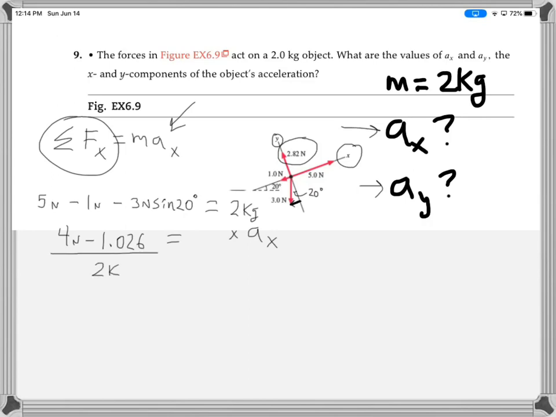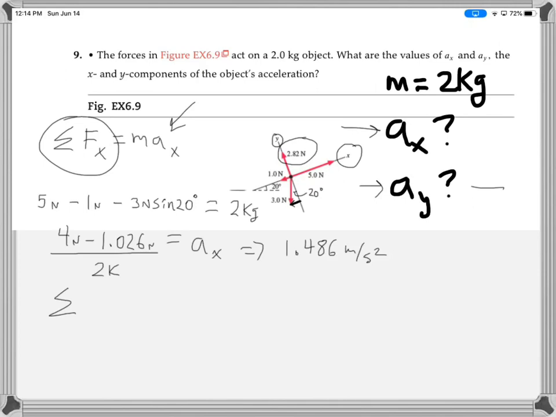And if we divide that by 2 kilograms, then the right hand side should be the x component of the acceleration. So plugging in the calculator, you get that the acceleration is positive and it is equal to 1.486 meters per second squared. So we know that this object is accelerating in the positive x direction.